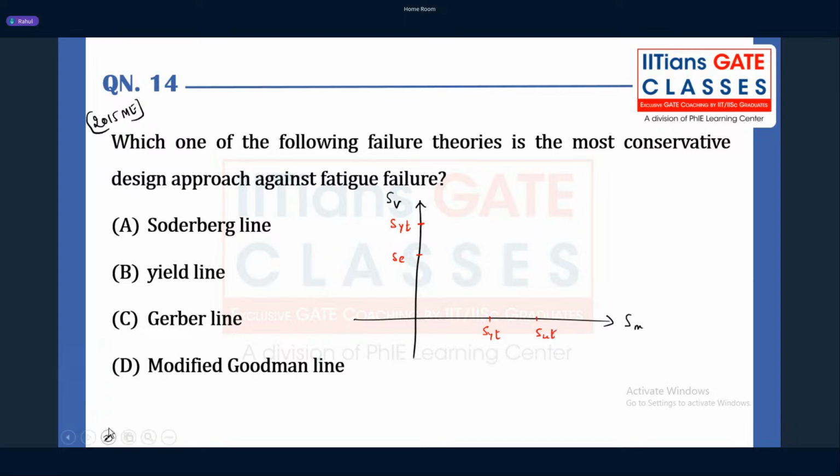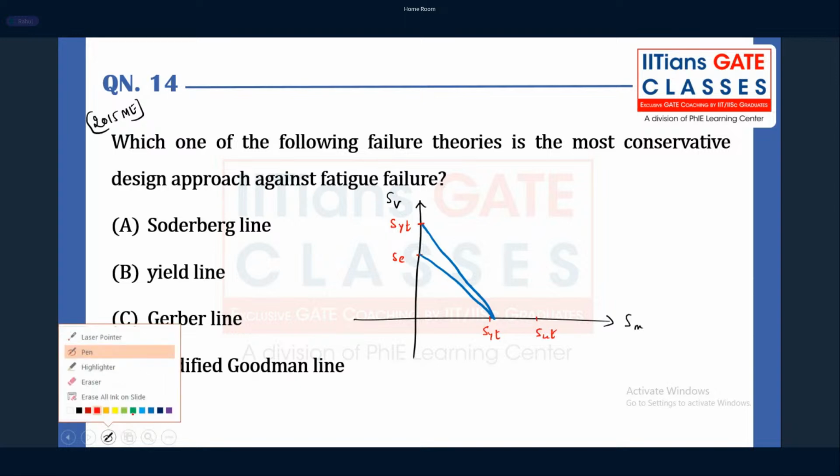And if you try to connect this with this line, and further connect one more line like SE versus SUT.